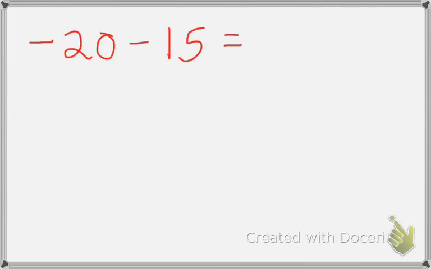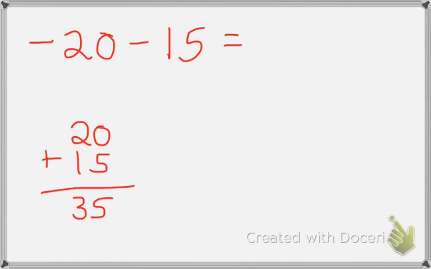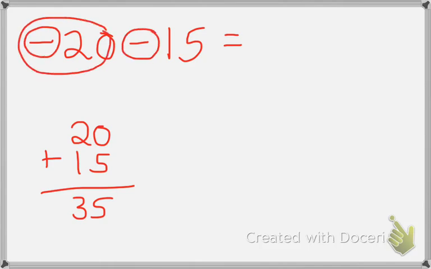So, what's really happening is we're adding the numbers, but since we know that they're both in the negatives, we're in negative 20, we're subtracting 15, we're going to the left, the numbers are getting smaller. If both of those signs are negative, then this answer is going to be negative.